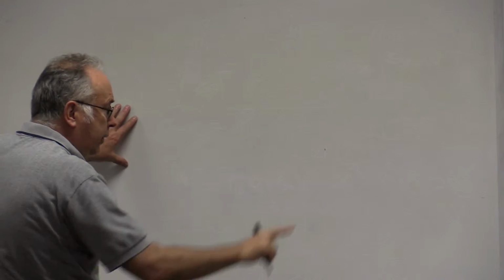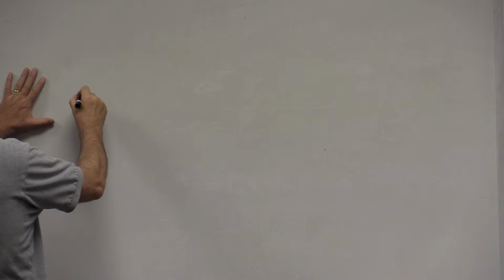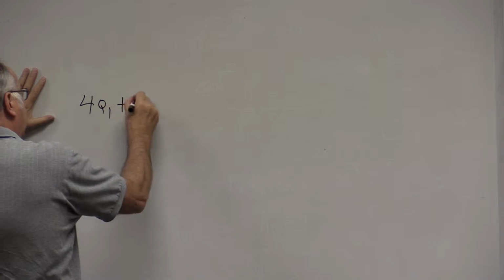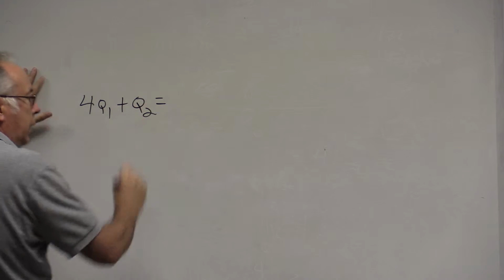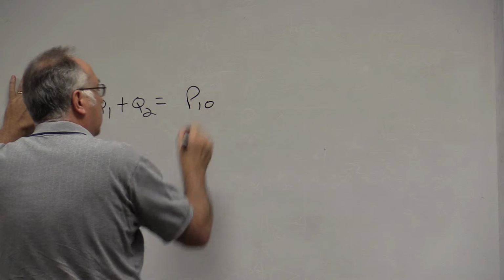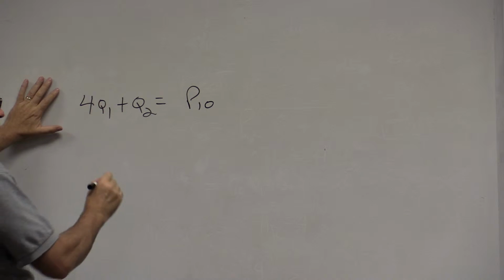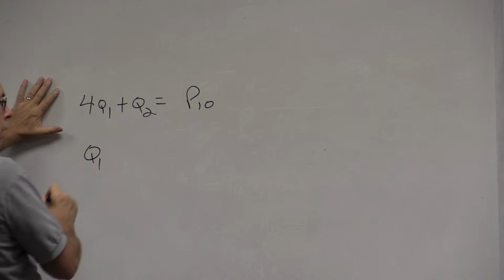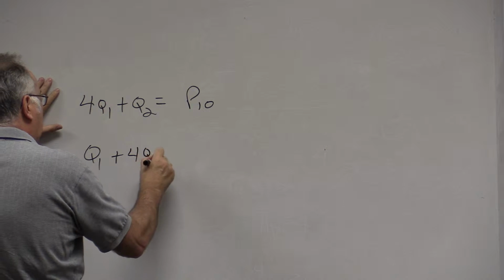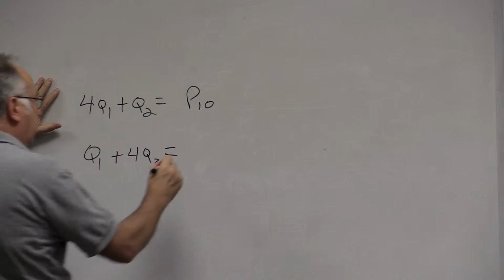If I rewrite those first order conditions for Q1 plus Q2 equals P10, and then the second one I write as Q1 plus 4Q2 equals P20.